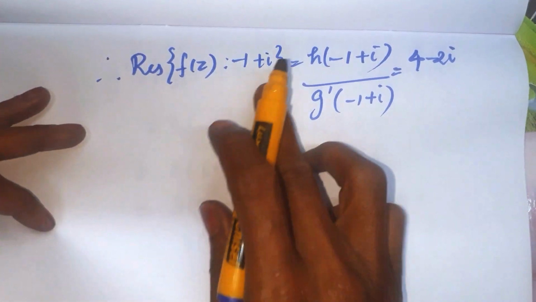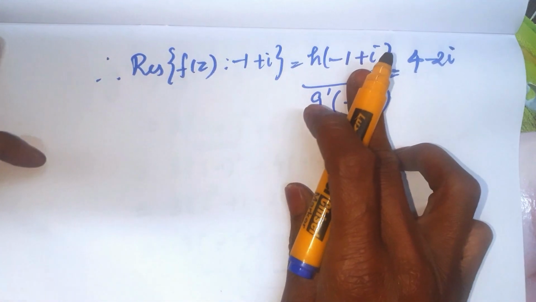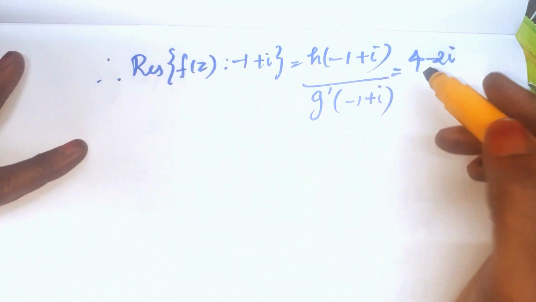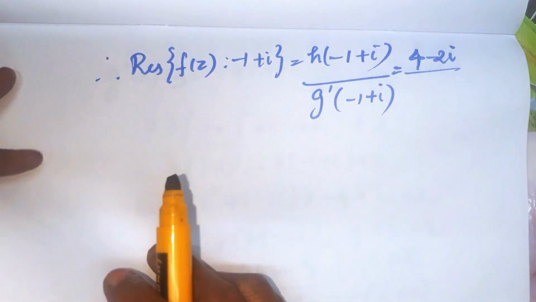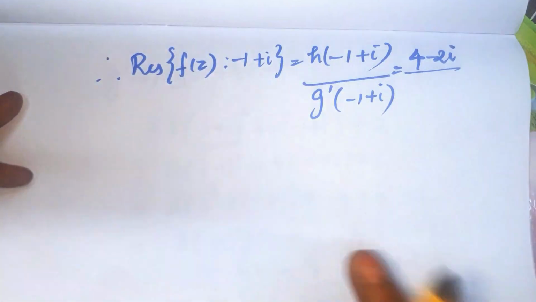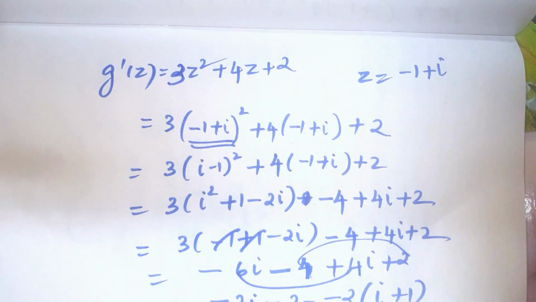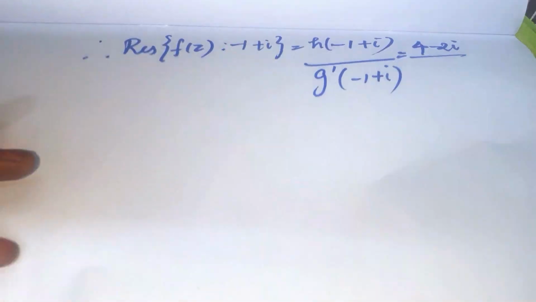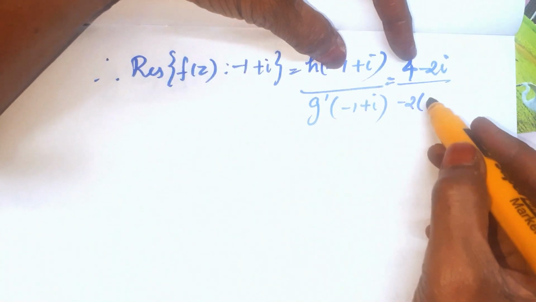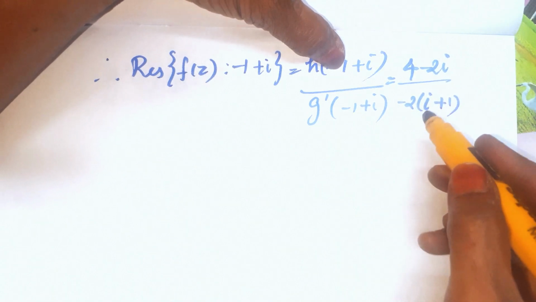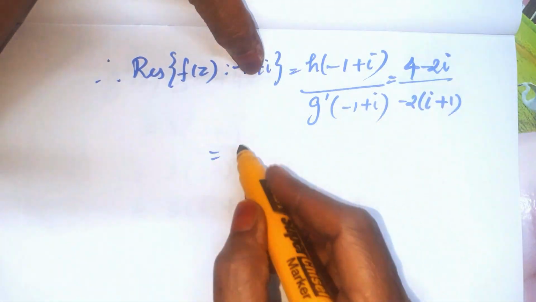So now we are going to substitute in the formula. h of minus 1 plus i we got as 4 minus 2i, and g dash we got as minus 2 into i plus 1. Numerator is having 2 as common.